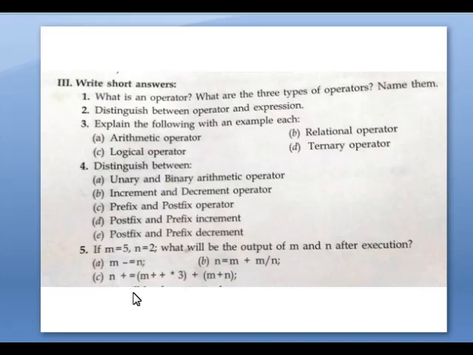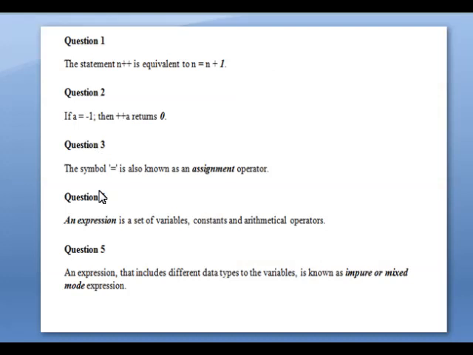Now we are going to see some question answers related to this chapter, variables and expressions. The statement n++ is equal to n plus 1. If a equals minus 1, then ++a returns 0. The symbol equal is known as an assignment operator.